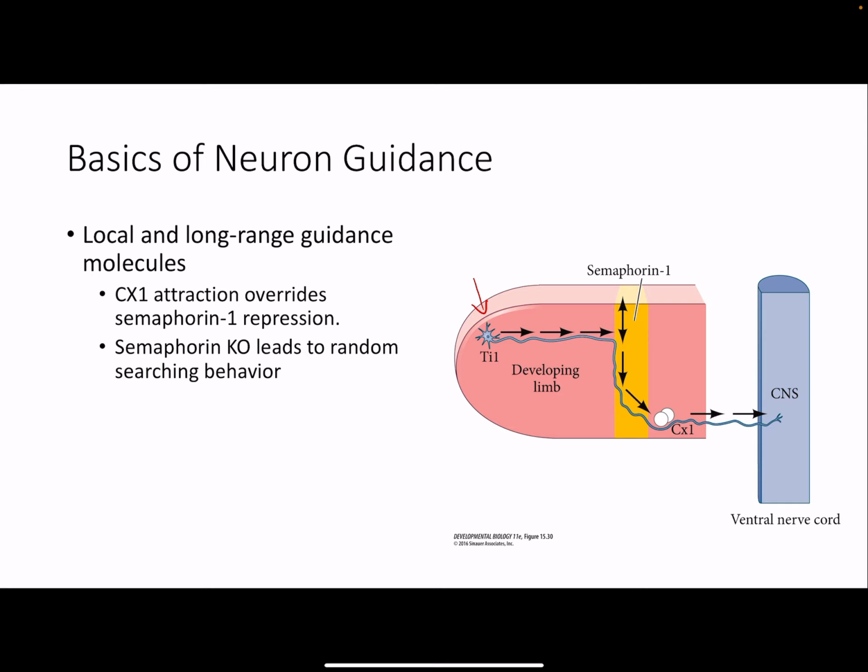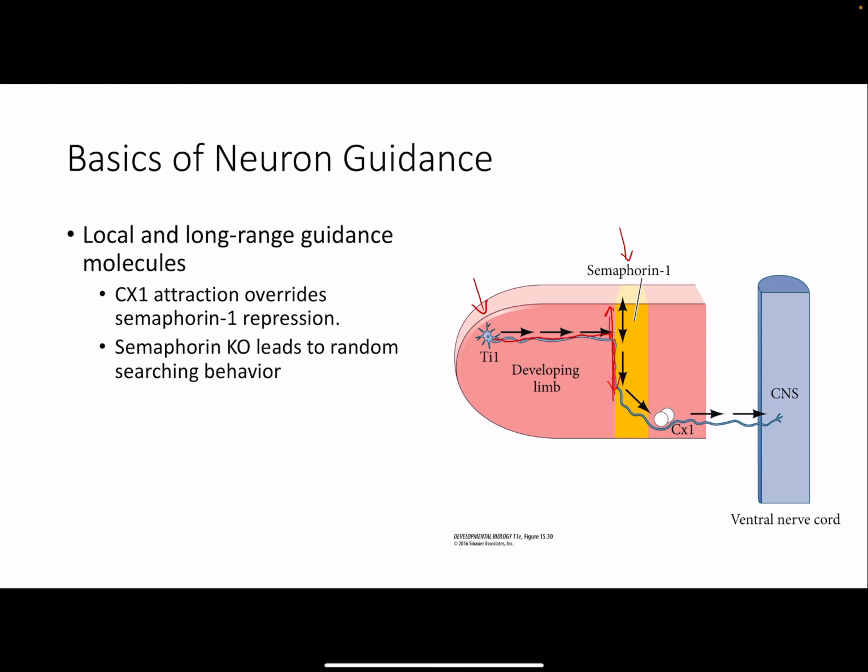And so one of the things that we can do, as it's growing back towards that central nervous system, is put up a band of semaphorin 1. Now, semaphorin 1 in this instance is a repulsive cue. And so it's not going to try to cross that semaphorin 1 up here. Instead, it's going to turn and move in either this positive or negative direction in that developing limb.